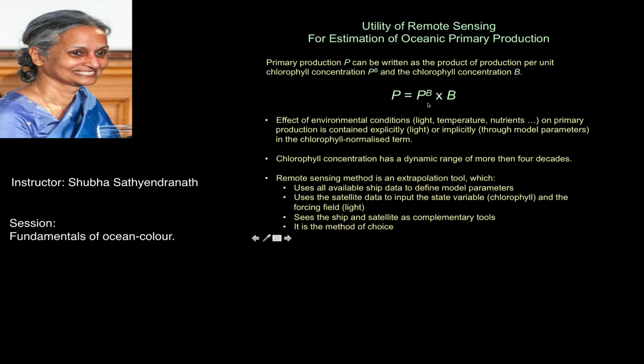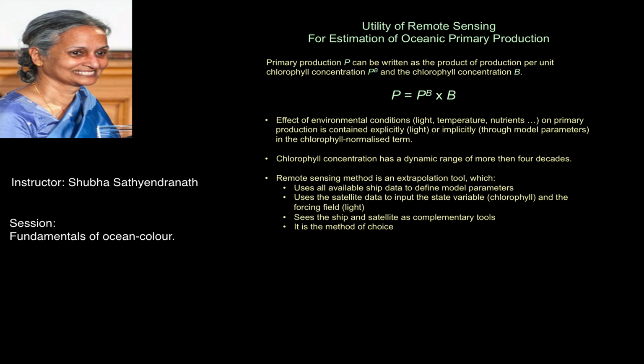The advantage of doing it in that way is that this biomass normalized production is quite stable, because you are looking at, relatively speaking, how production might vary if you always had the same amount of chlorophyll in the water, 1 unit of chlorophyll.